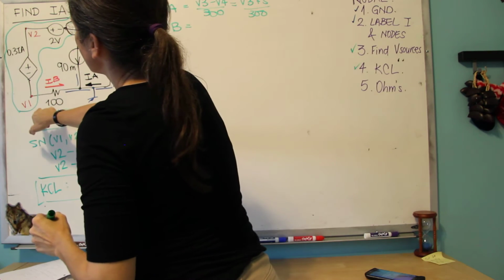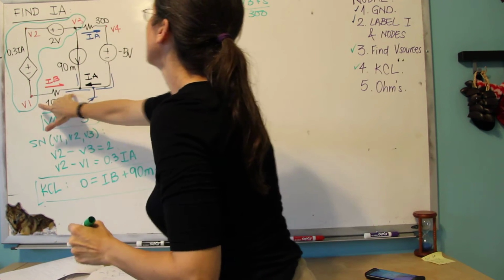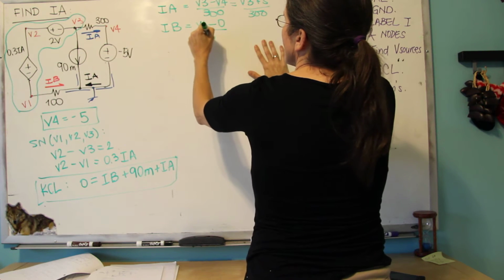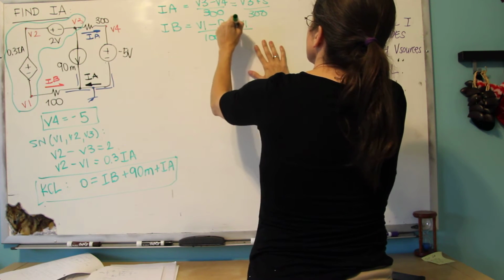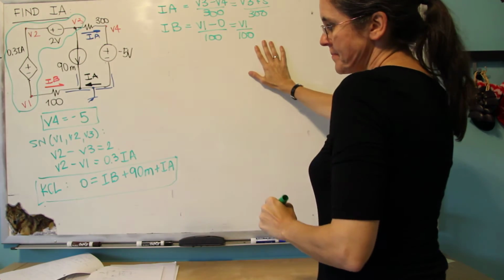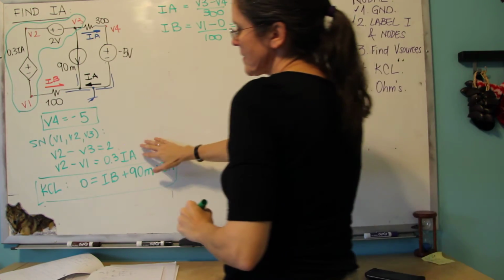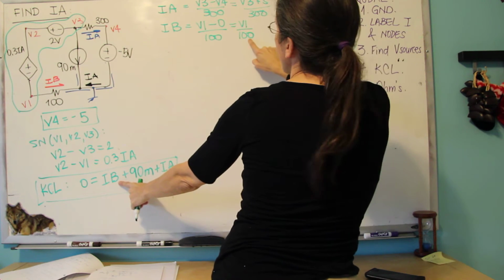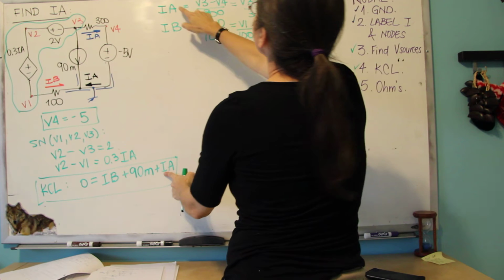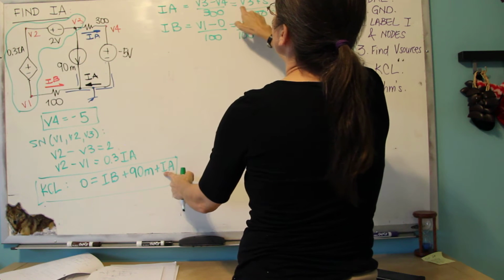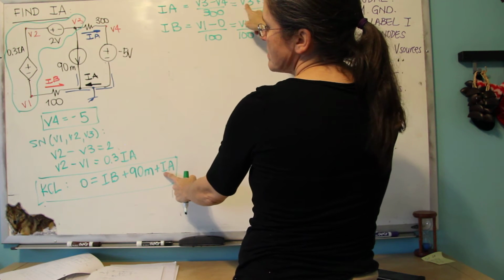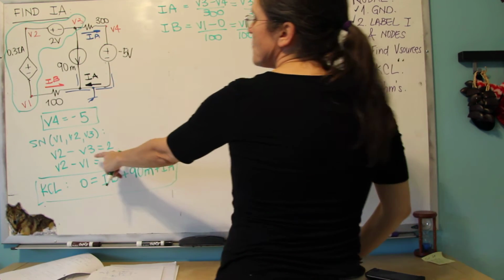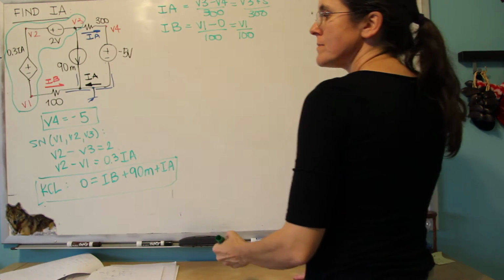IB is V1 minus 0 divided by 100. Now what happens is that I'd like to write IB as a function of V1. IA, I would also prefer to write as a function of V1. So I'd like to see V3 as a function of V1.